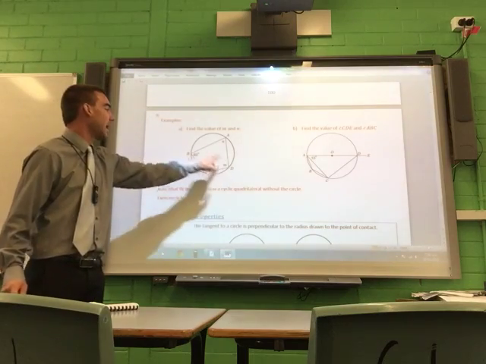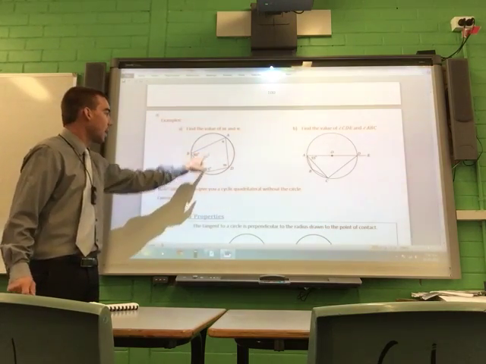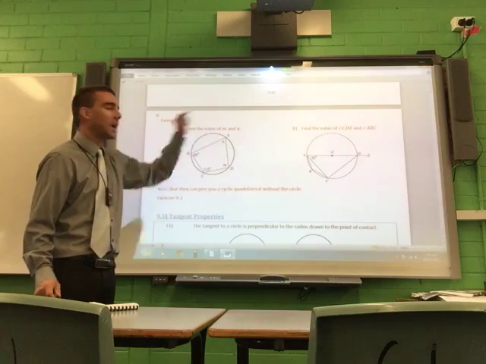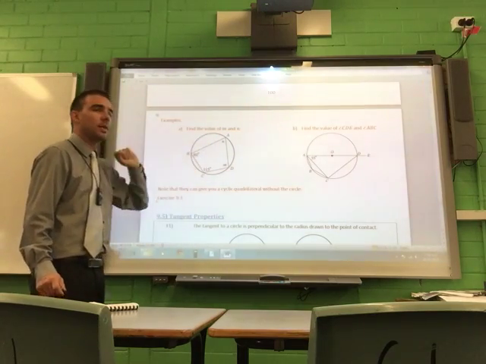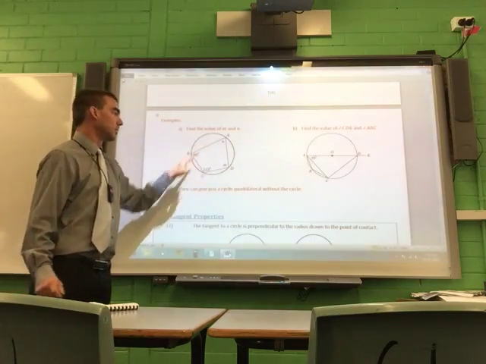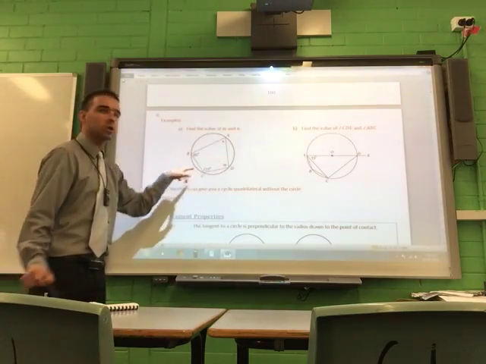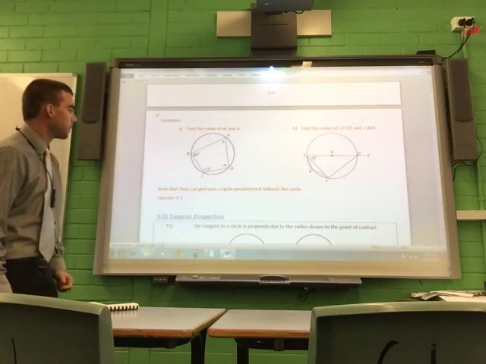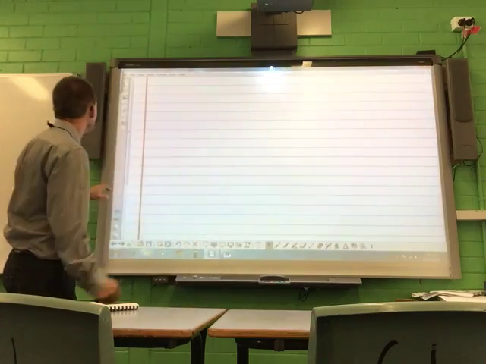So M will equal 180 take away the opposite angle, and N will equal 180 take away the opposite angle there. Remember, they've got to be opposite, not sharing the same interval.